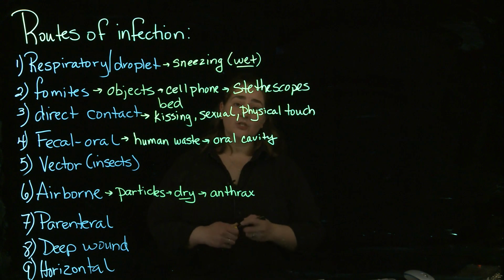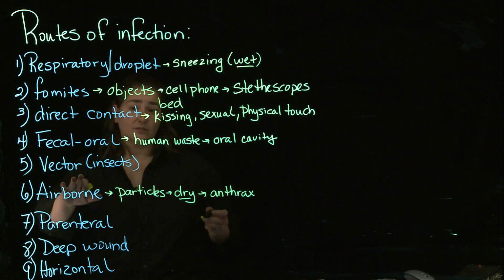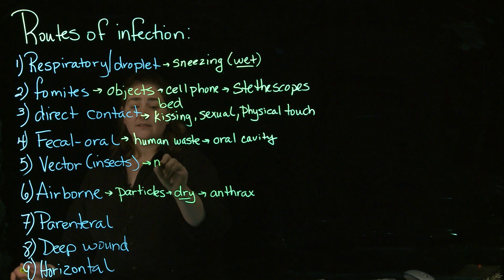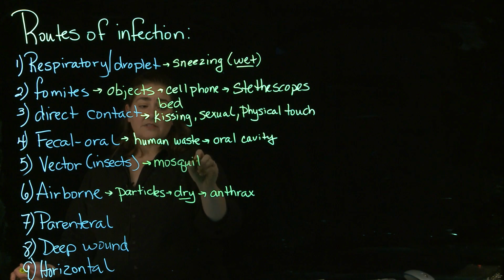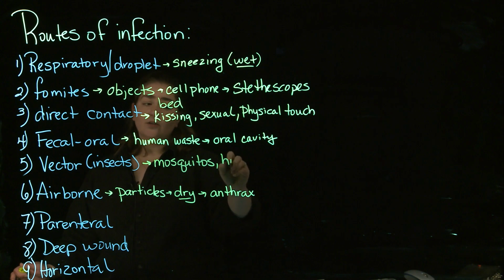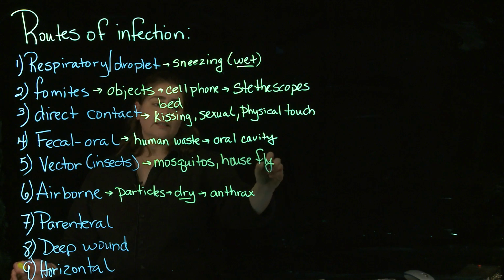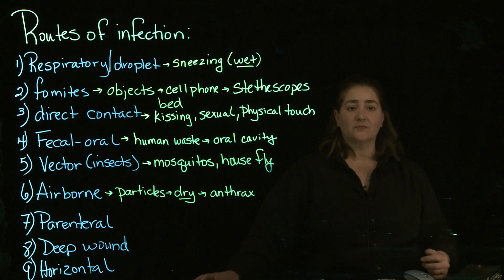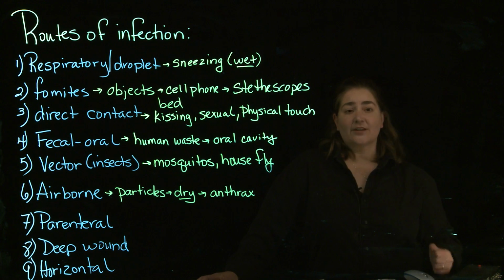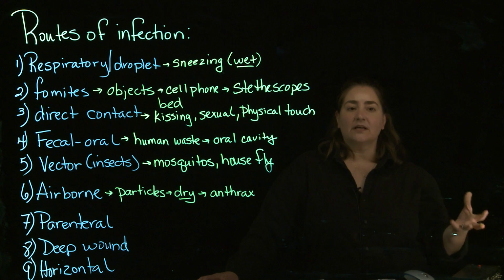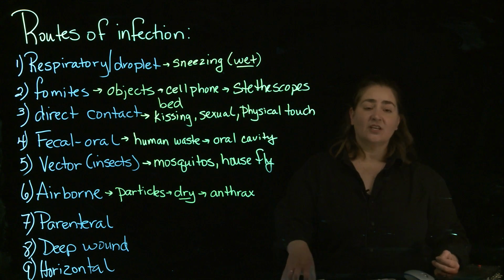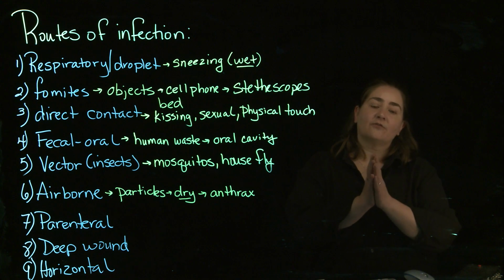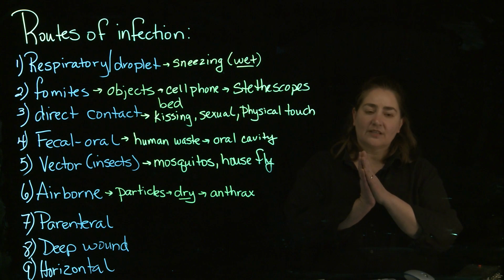We can also have transmission or routes of infection via vectors, all right? We talked about this a little bit with the Zika virus and the dengue virus. Mosquitoes play a big role in that. You can also have something as easy as the common housefly. This is why if you've ever worked in a restaurant and the health inspector comes through, if there are lots of flies in the area, that doesn't bode well, because those houseflies, they'll land on trash, they'll land on fecal matter, they'll land on all kinds of stuff, and little bits of bacteria or viruses will stick to the insect.